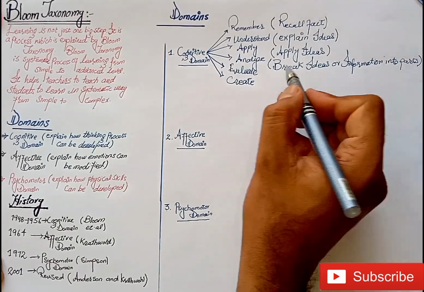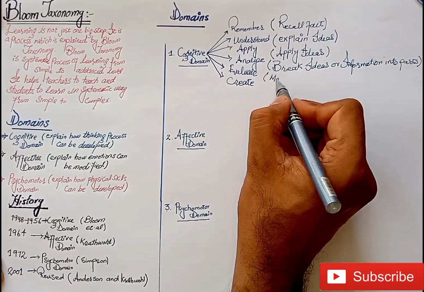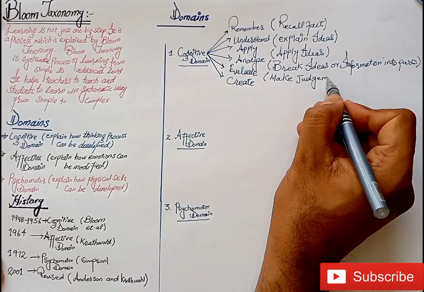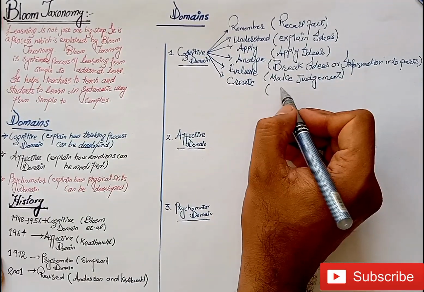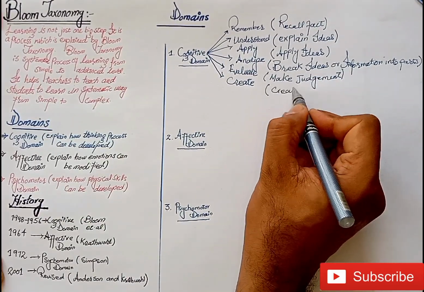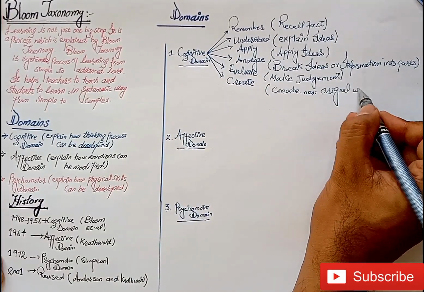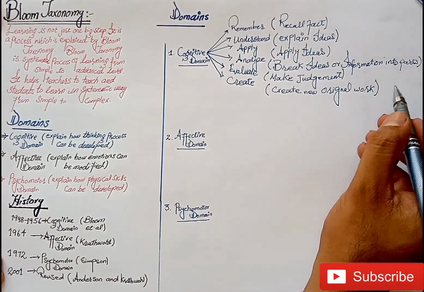In the evaluate level, they are making judgments and decisions or making comparisons with other ideas. And in the final level, create, students are able to create new original work or ideas.